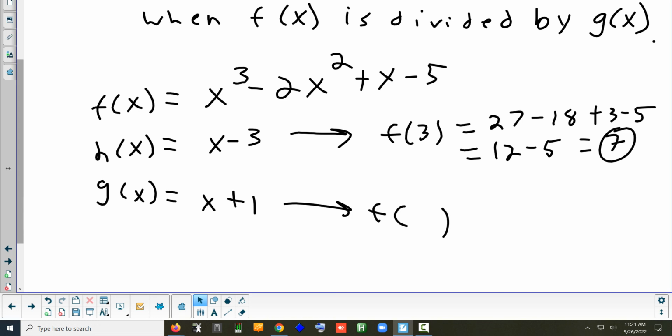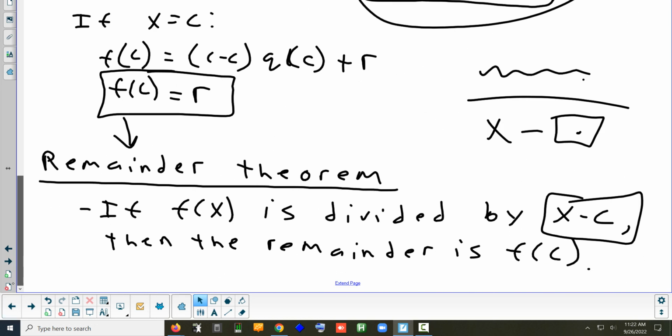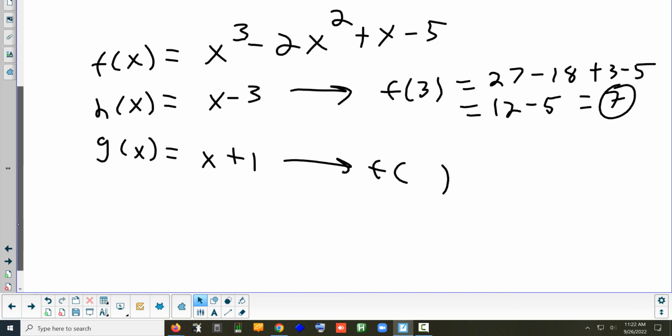Why did we only use the 3? Because the number that you want to fill in is the number that comes after the minus sign. So be careful with this one. Think of it like this: x minus minus 1. What would you plug into the numerator to quickly get the remainder? Negative 1.